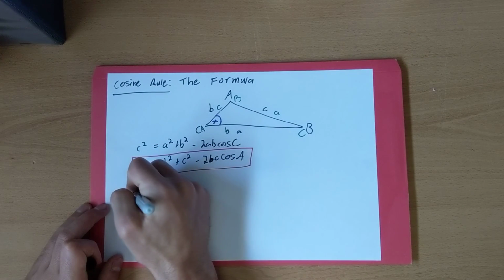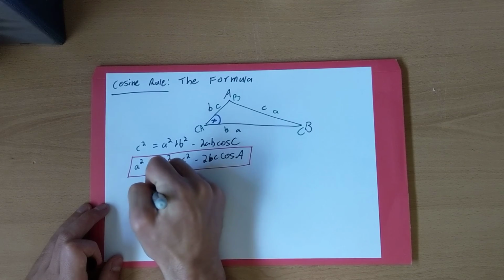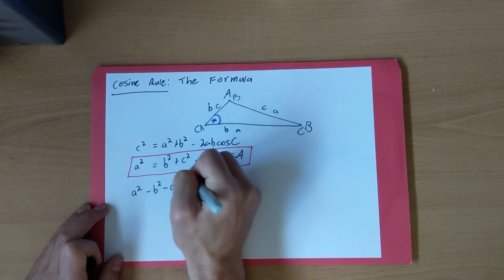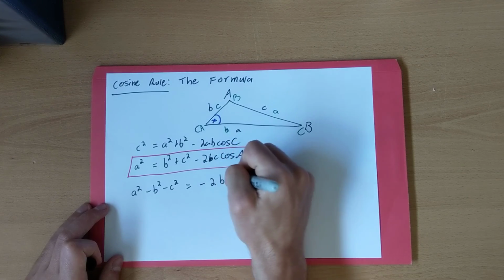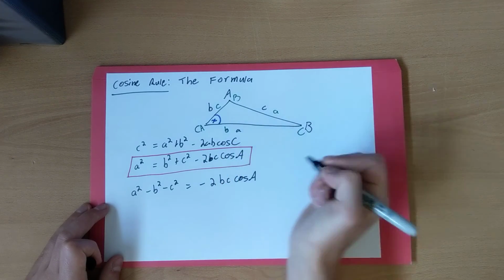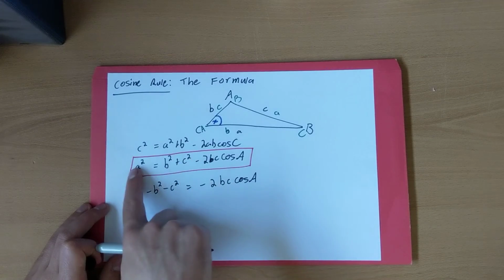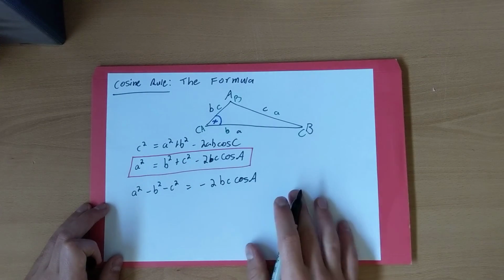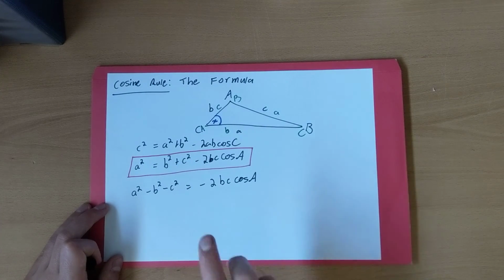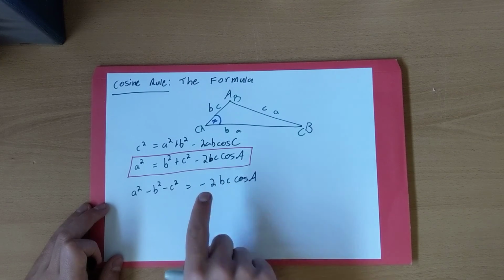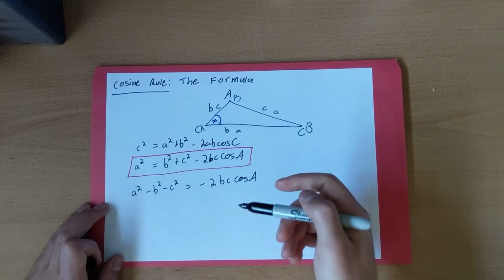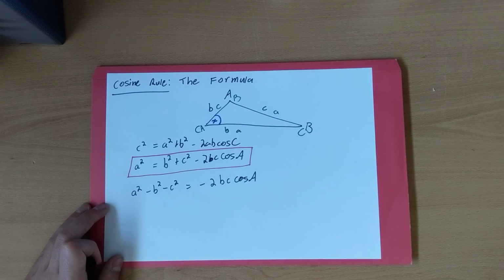So we get that a squared minus b squared minus c squared equals negative 2bc cos A. So I've taken these two and moved them over by subtracting them from both sides of the equation. Now I just want to spend one step getting rid of this negative. So I'm going to multiply both sides of the equation by -1.